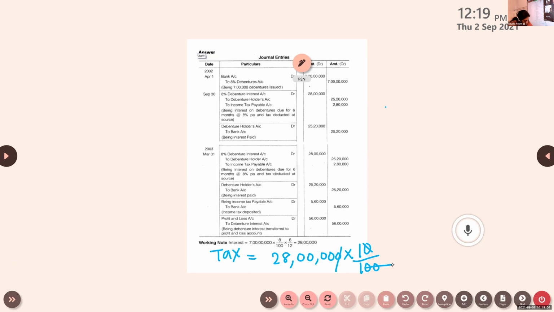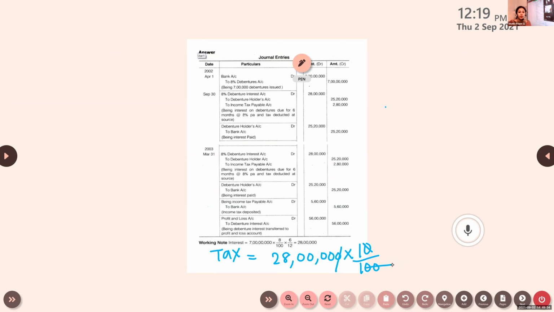And also, how about the loss on issue of debentures? Which is that case? Previous day, we discussed the topic. When did we use that term, loss on issue of debentures account?